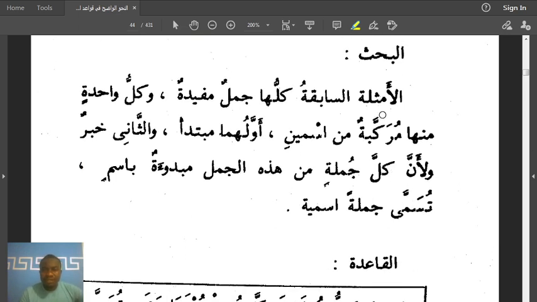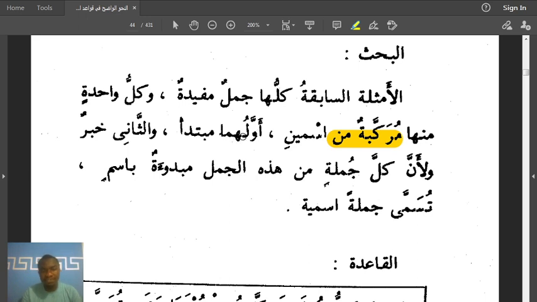It says, al-amthilatu sabiqatu kulluha jumalun mufidatun. All the previous examples are beneficial sentences. And each one among them, murakkabatun min ismain, is composed of two nouns, or is made up of two nouns.